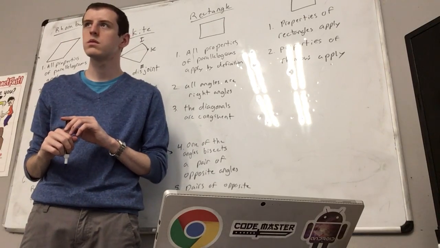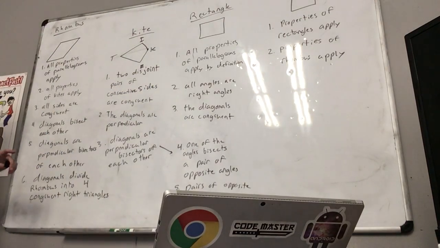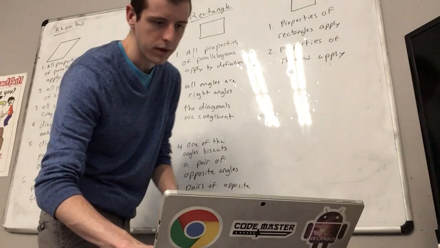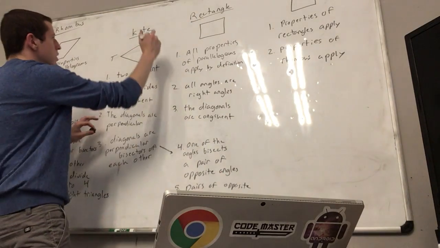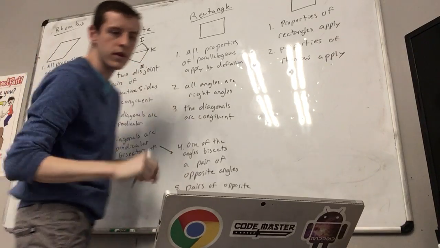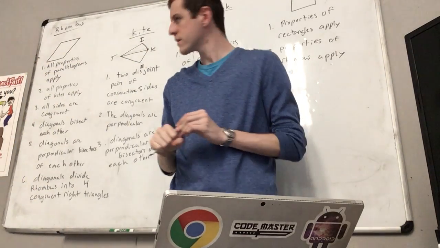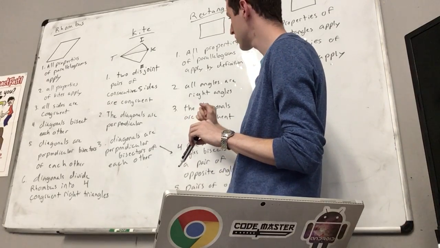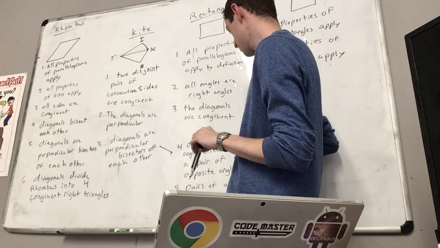Can you explain number 4 for kite? Kite. One of the angles bisects a pair of opposite angles. I'll label it, just to help out. On 4, they put one of the angles.